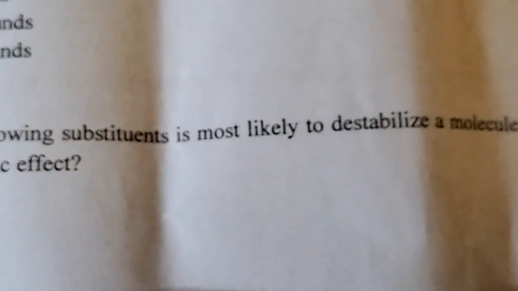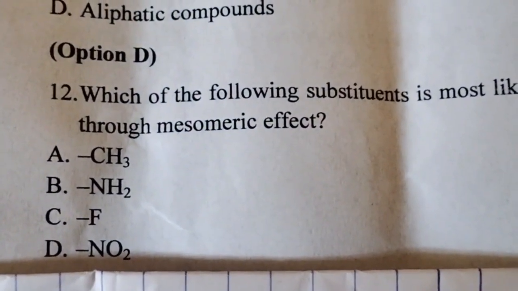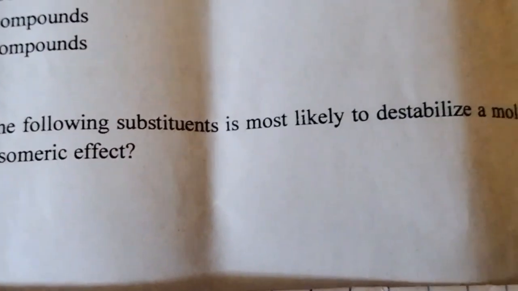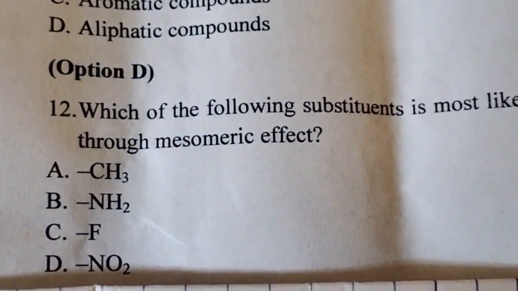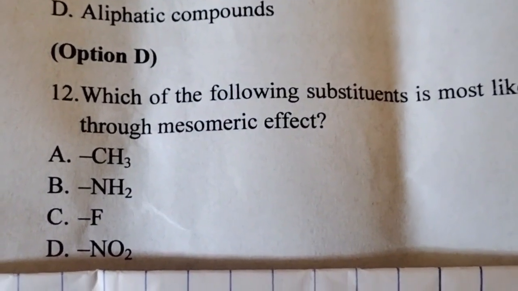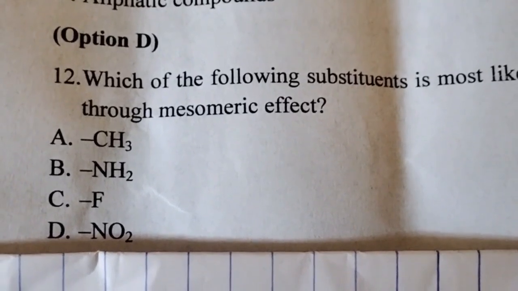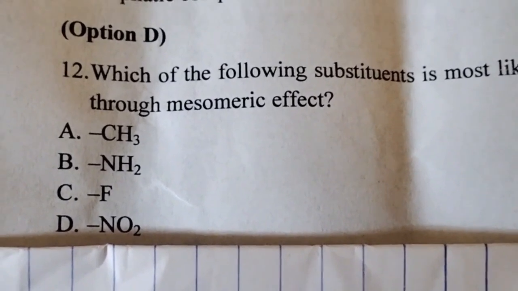Number 12. Which of the following substances is most likely to destabilize a molecule through mesomeric effect? Option A, CH3 group. Option B, the amino group.